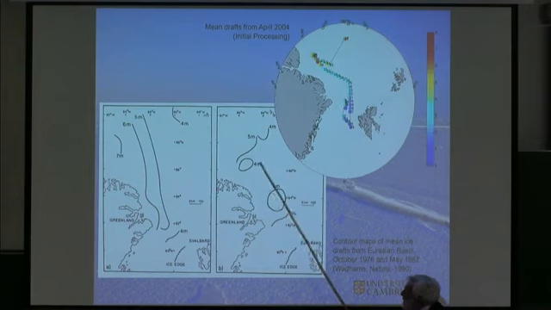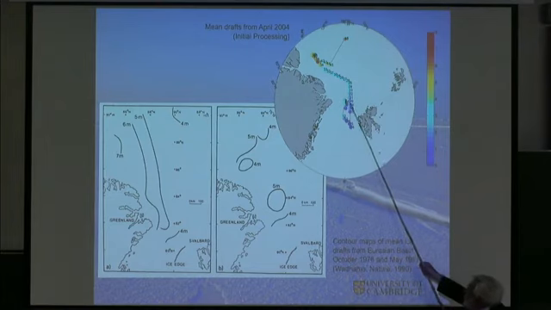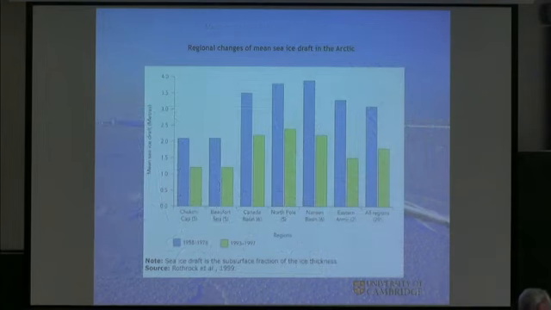In 1987 it was much less, in fact 15% less in average thickness over this sector of the Arctic, and then by 2004 it had gone right down to less than 3 meters, so a much bigger loss. And that's what's been seen all over the Arctic.